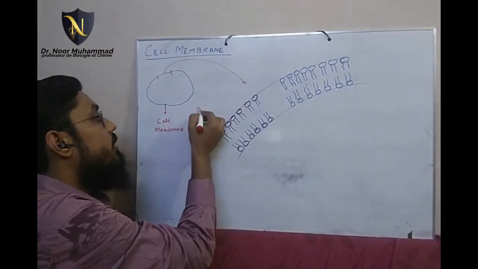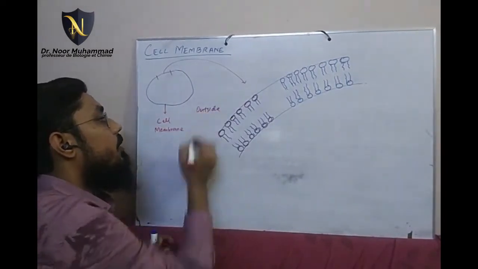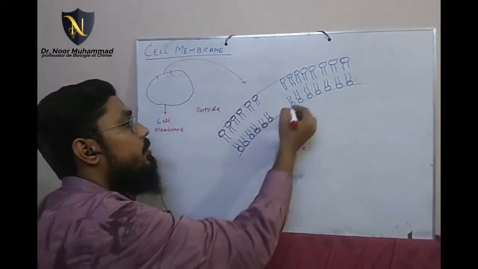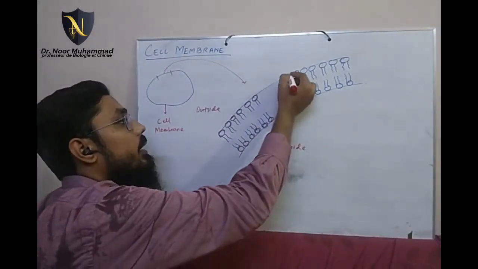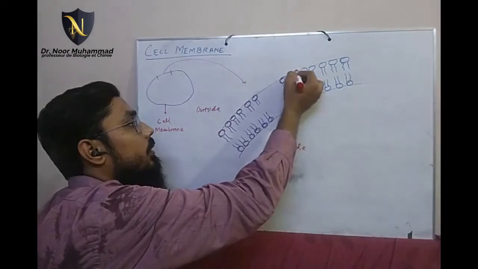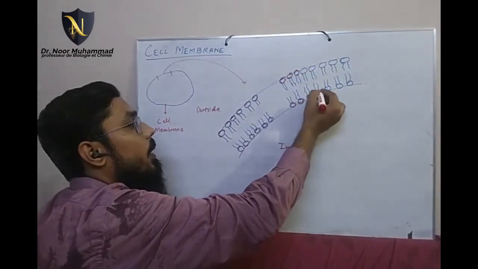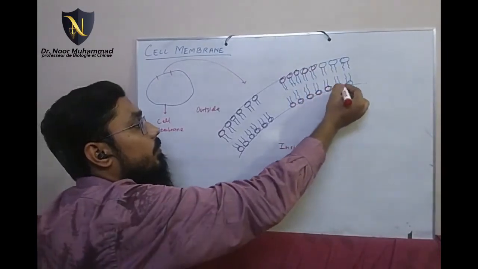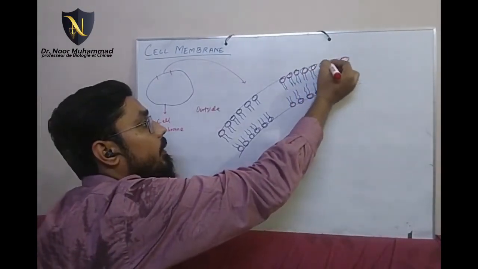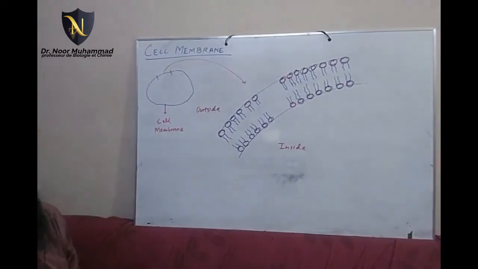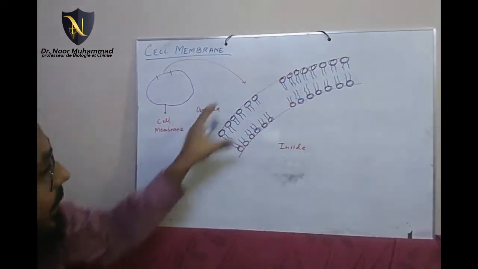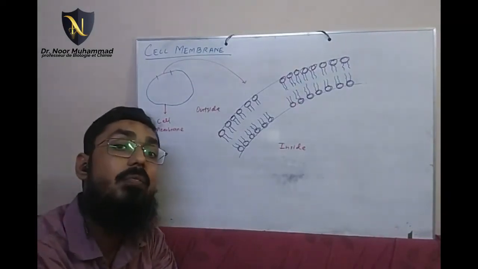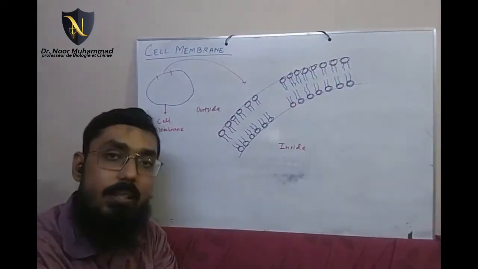This is the outside environment and this is the inside environment. So what are we seeing here? The cell membrane is composed of a lipid bilayer, and this lipid is phospholipid. Okay, we have discussed this.